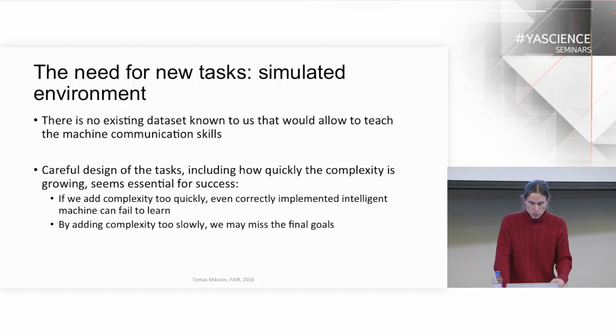So the complexity has to increase at the right speed, especially because the machine doesn't have any prior knowledge. Then we believe that we have to put a lot of simple tasks in the beginning. At the same time, if we add the complexity too slowly, then maybe we would observe what happened in the last 20 years. For example, the NLP community set its goals to solve, say, parsing and part-of-speech tagging.